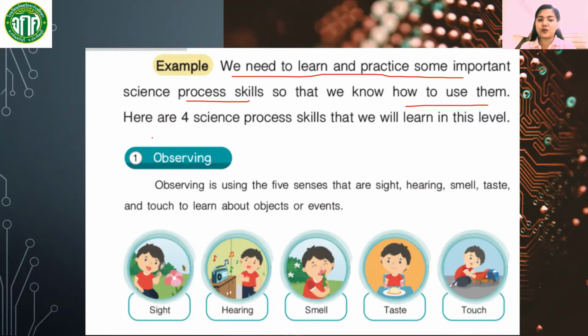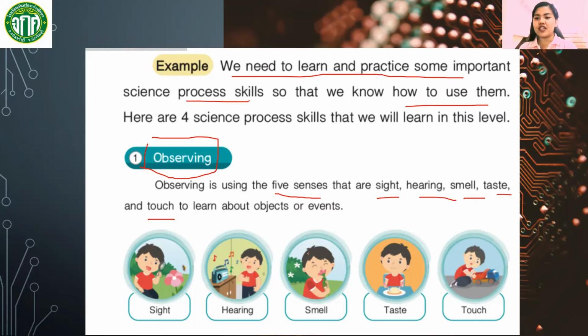So what is observing? Anyone? You can raise your hand. Observing is using the 5 senses, that are sight, hearing, smell, taste, and touch to learn about objects or events. So in observing, we need to use our 5 senses.